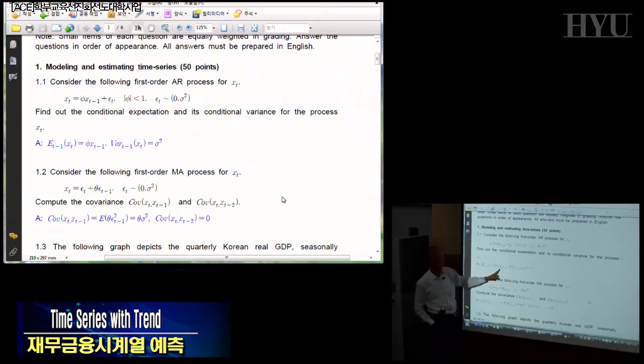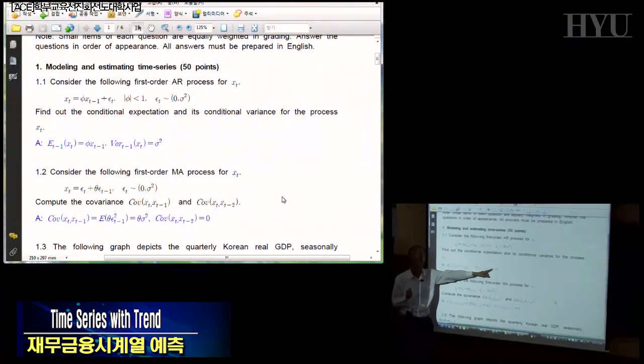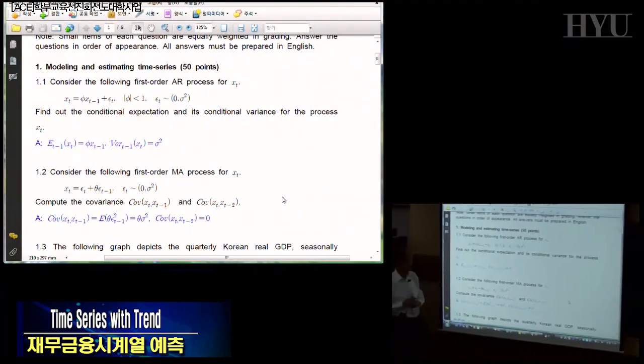So naturally this is the answer. What is the conditional variance? Well, taking conditional variance on both sides, and because this is already known at time t, not varying, this number is fixed, right? So the variance is 0. So this one only. So simple as that.